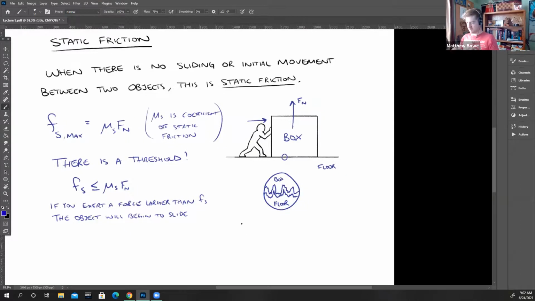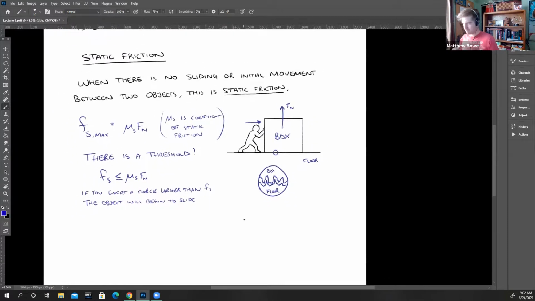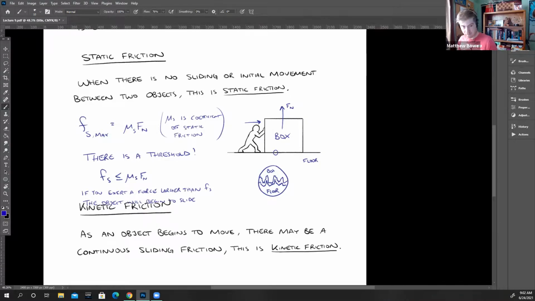So we have this sort of, when things are still, they sort of lock together a little bit. That's static friction. Things are still, motionless. But then there's a point where you do break it free and you have this moving friction or this sliding friction. That is called kinetic friction.